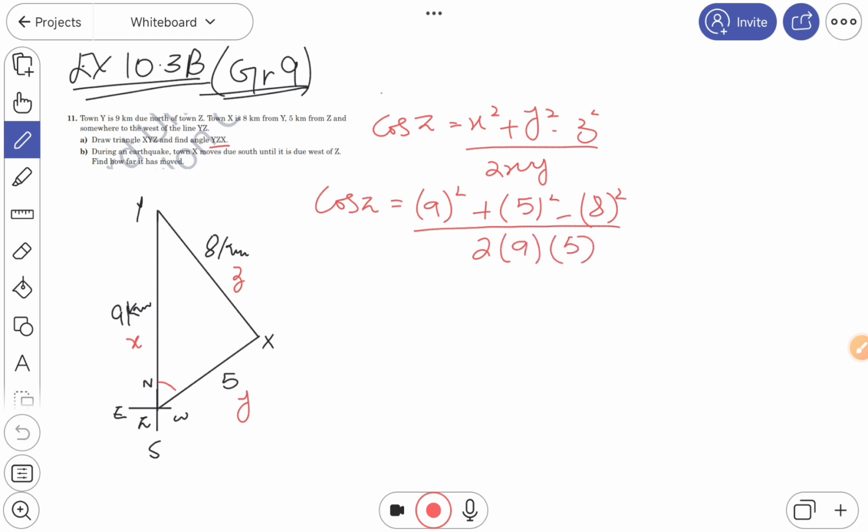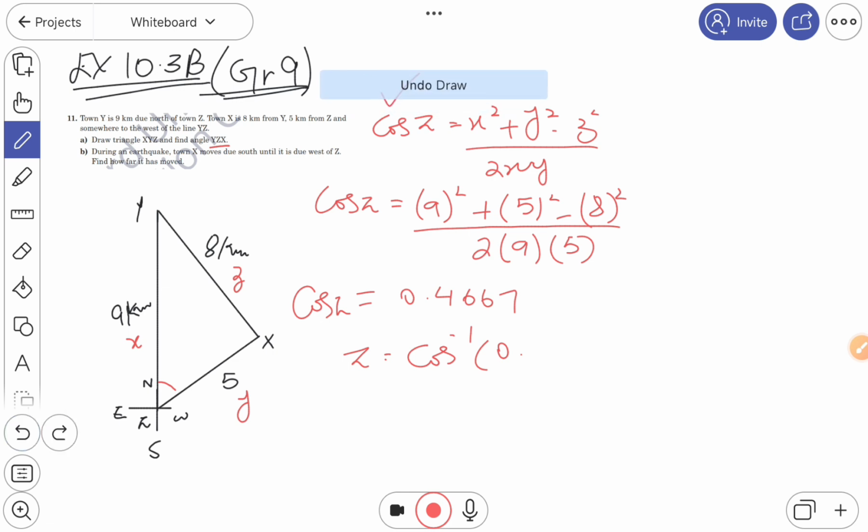This is the format when we have to find an angle from the cosine rule. Cos Z is 0.4667, and then Z is equal to cos inverse of 0.4667, which is 62 degrees.